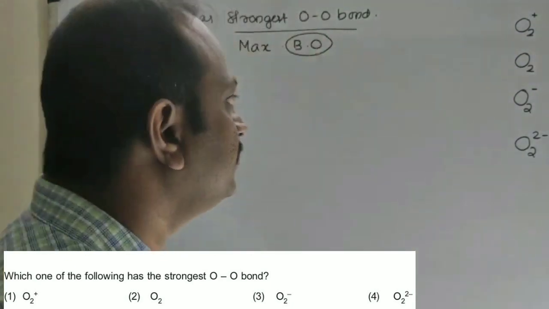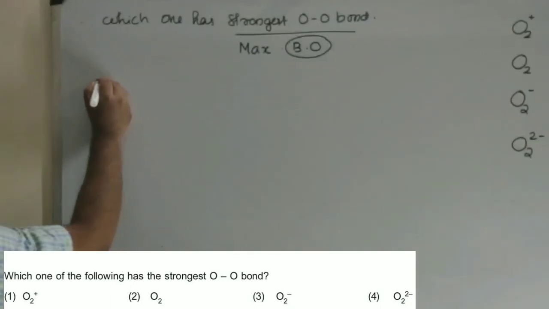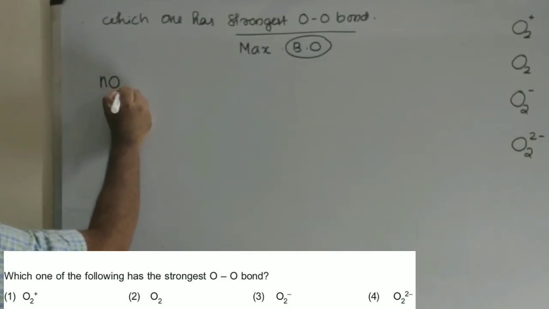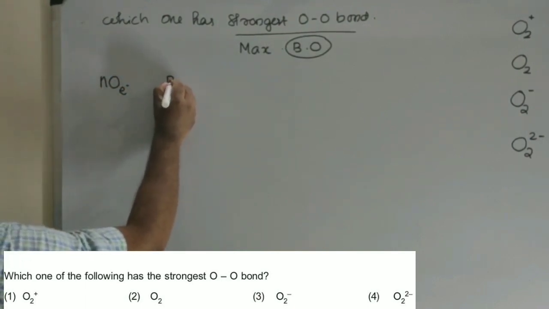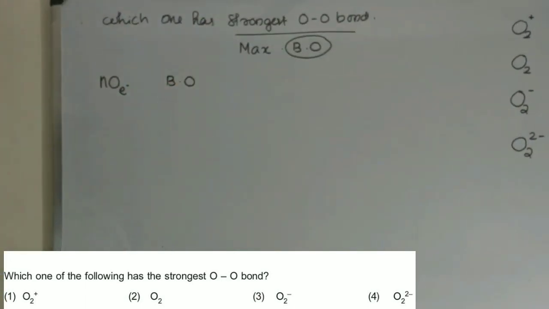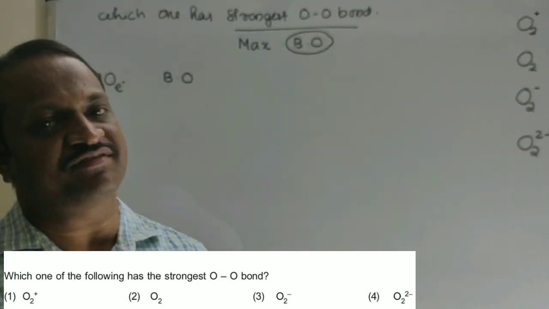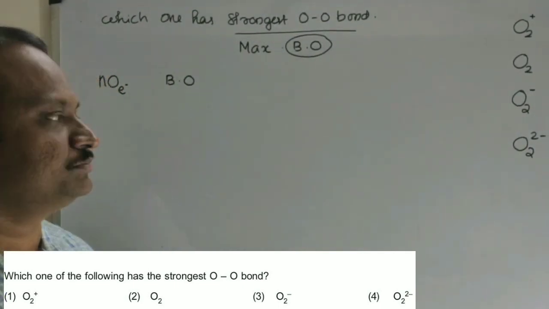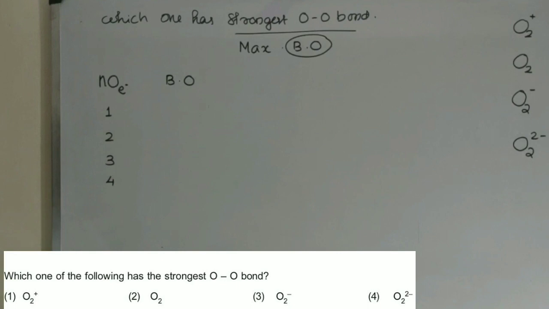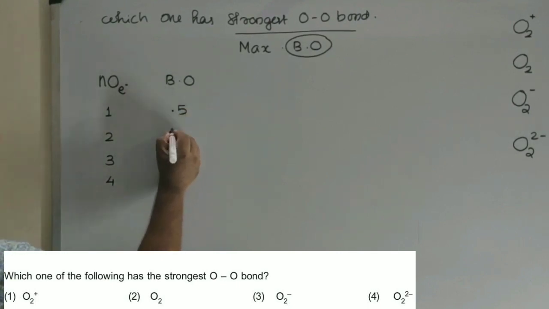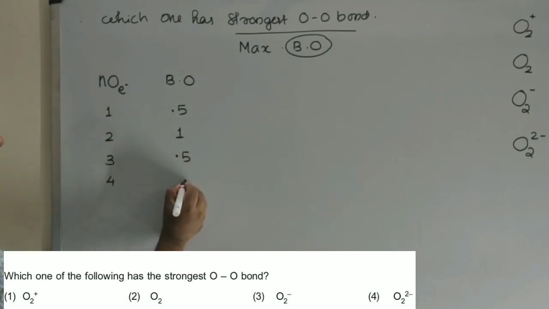See, I am just writing here: number of electrons and bond order. If the number of electrons is given, how will you find the bond order? I am writing number of electrons 1, 2, 3, 4. First of all, what's the bond order here? 0.5. Next 1. Next 0.5. Then 0.